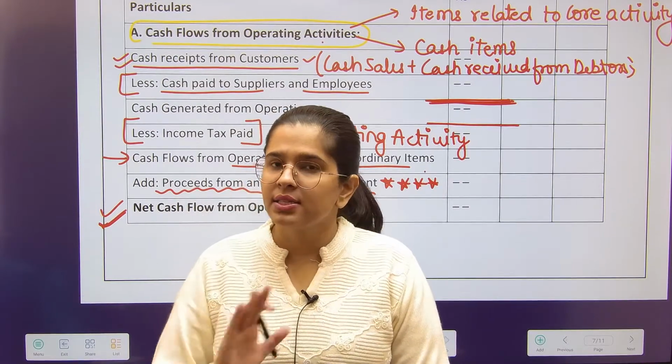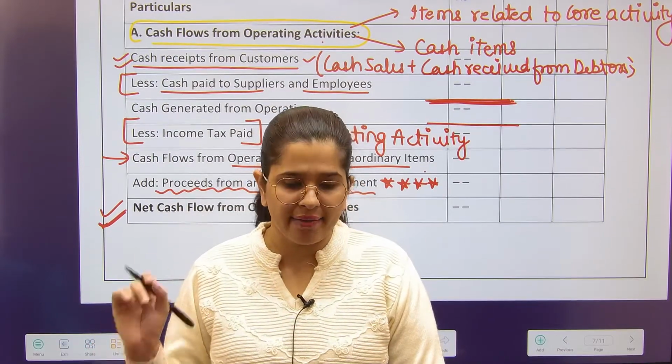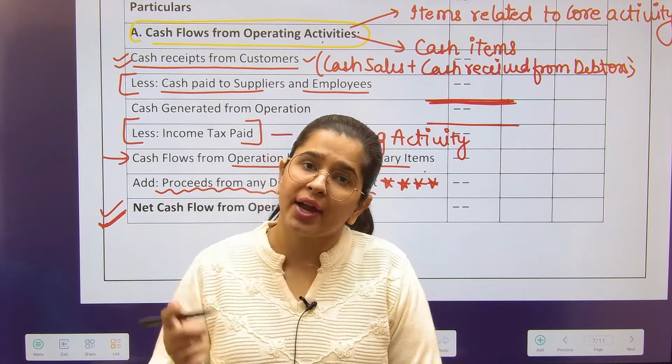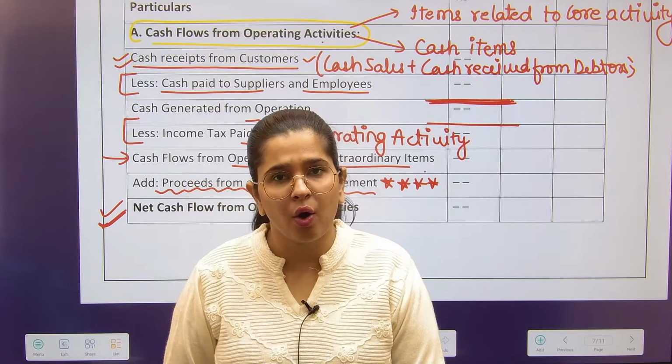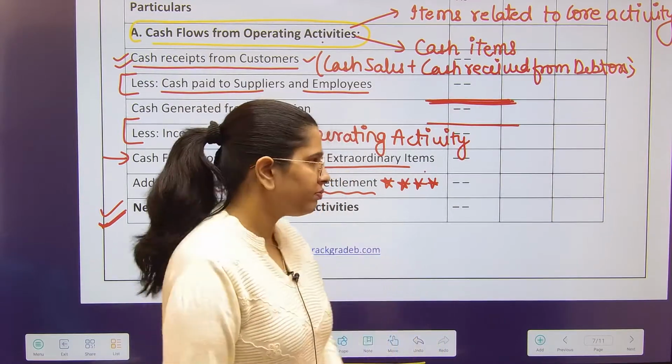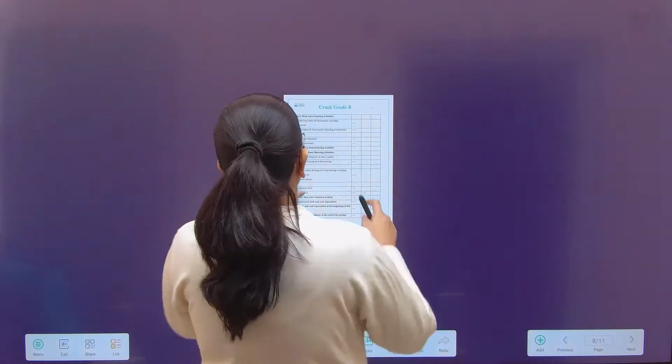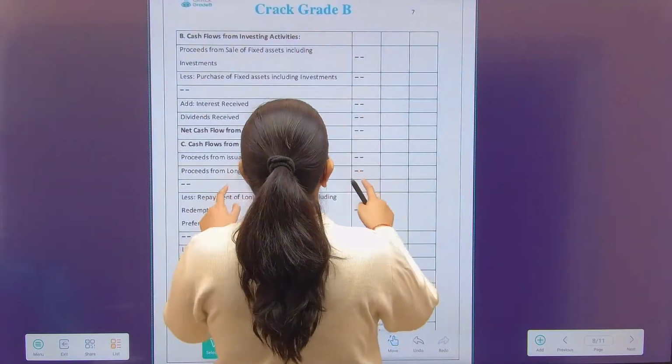I hope this is very much clear to you. I have explained each and every item, what is the purpose of that item, and why we classify that item under operating activity. So that is it. Now moving to cash flow from investing activity.